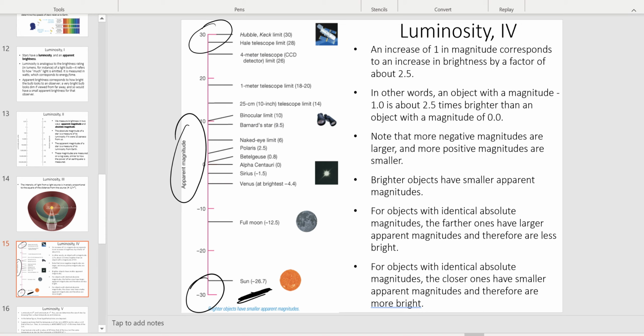So there's no other star in the universe that looks as bright to us as the sun, so therefore the sun has the smallest apparent magnitude. The full moon has a very small apparent magnitude because it's very bright. And then we have Venus, and then we have some stars, Sirius, Alpha Centauri, etc. As we go all the way up the list, we get up here to stars you can only see with relatively advanced telescopes.